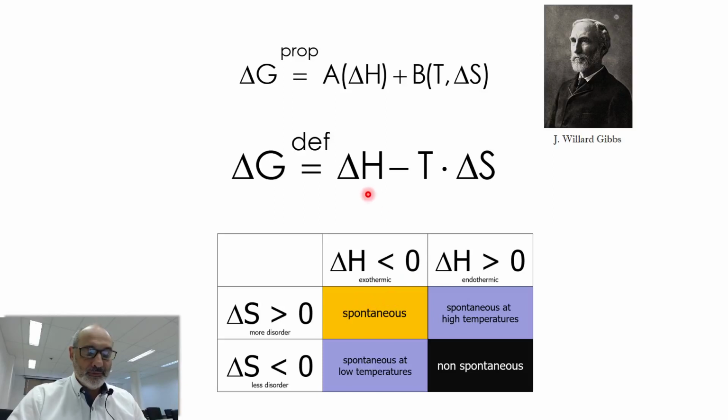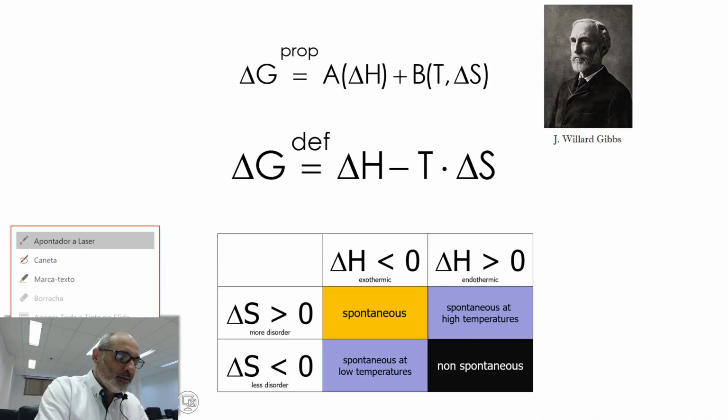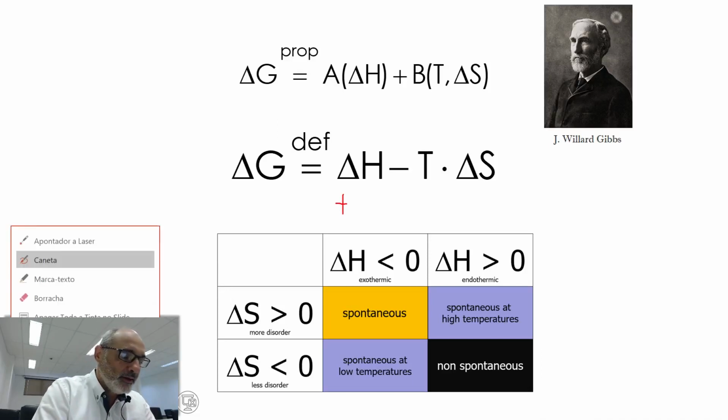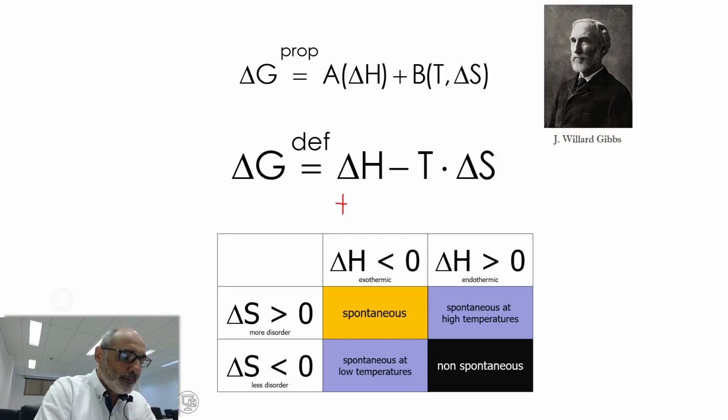If I have delta H negative here, let's see if we are okay in this region: delta H negative and delta S positive. Let me put some numbers here. Delta H is negative, so minus 5.